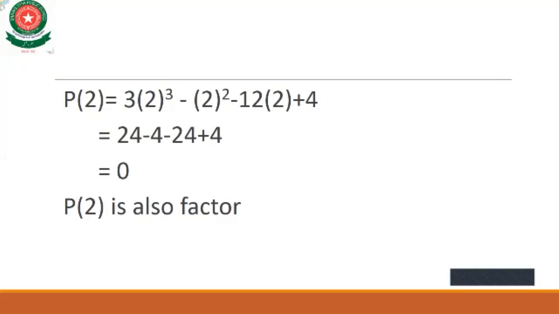This is also equal to 0. So we can say that x minus 2 is a factor of P of x, as the remainder is 0.